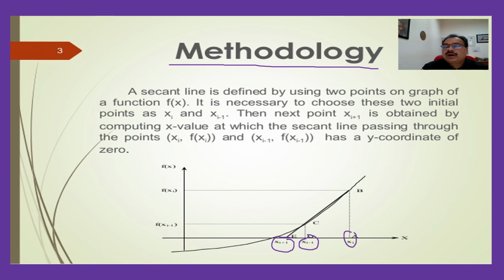Now we can obtain a secant line passing through these 2 points, xi and f of xi, and xi minus 1 and f of xi minus 1. So you know the equation of the curve joining these 2 points, and by using that, you can develop the formula. This is one way to develop the formula for the secant method.